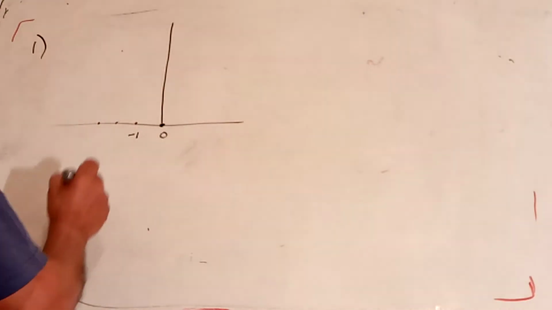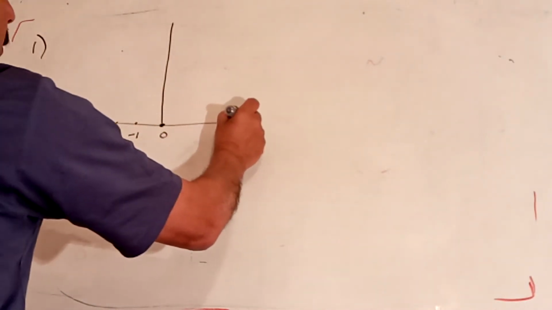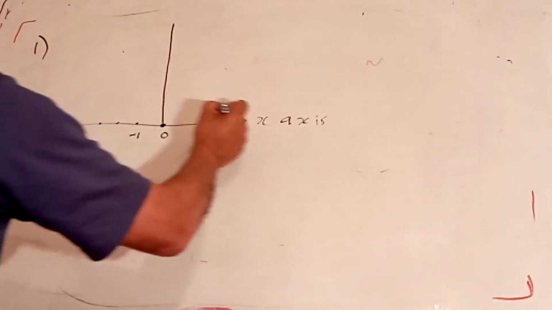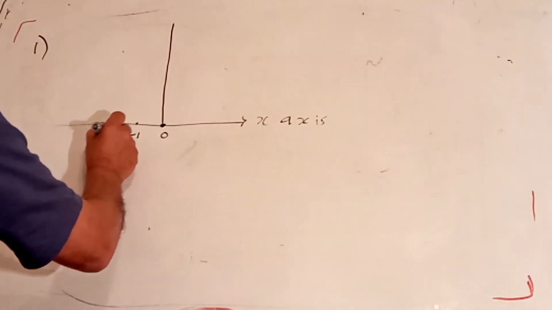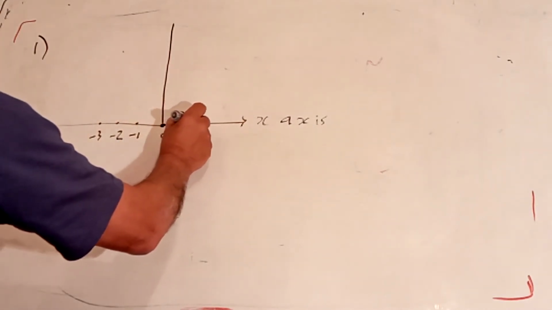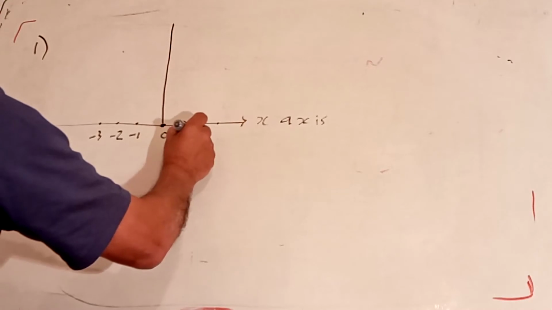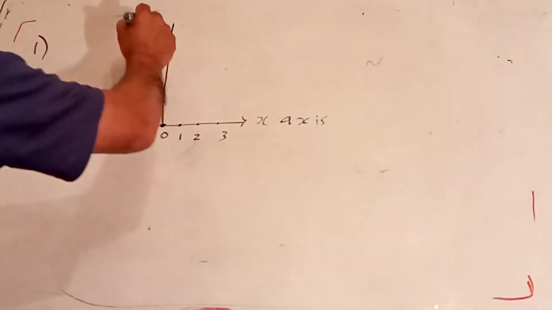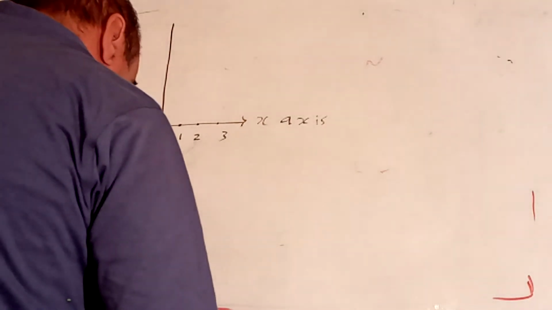So to the left side, it's minus. So this is the x-axis. On the left side it's minus, so -1, -2, -3. Here it is +1, +2, +3. And this is the y-axis, and the reflection will be on the red line.